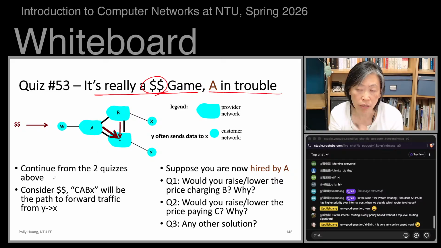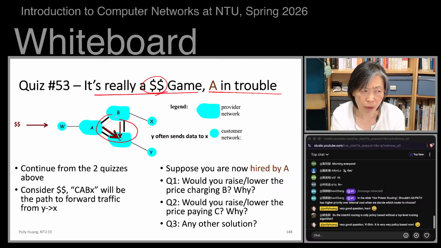Essentially we continue from quiz 51 and 52. It's a cyclic network, and the money flow is like this. B pays A less, B pays C more, and C charges A more, and C charges B less.